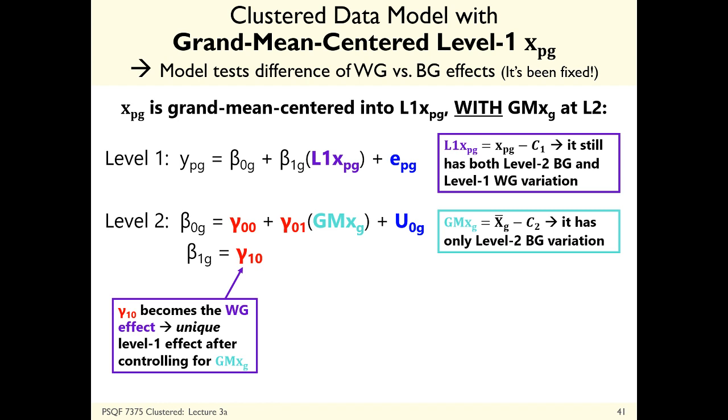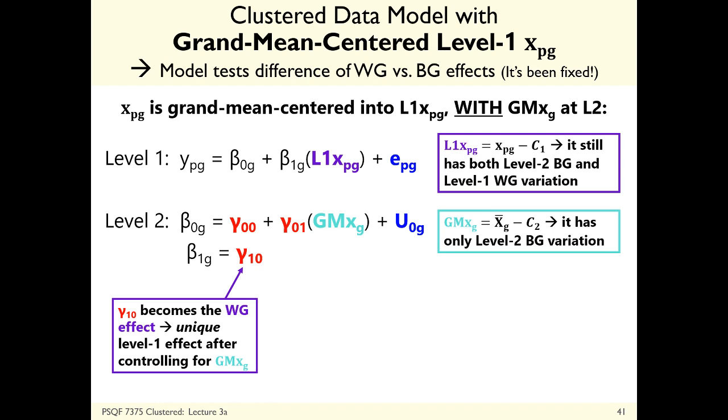I don't know. It's related to the 0-1 binary. A 0-1 binary level 1 predictor still has level 2 variance in it to the extent that some groups have more ones. So if I just put in binary level 1 x, it still has level 2 variation in it.